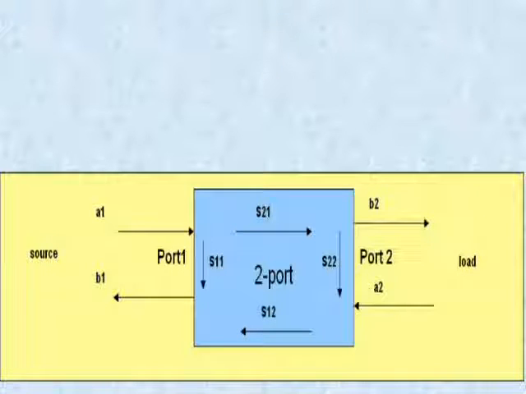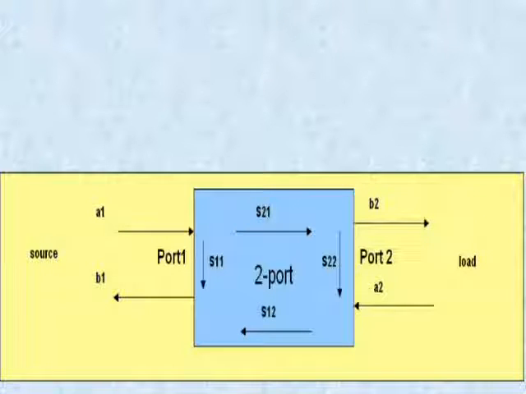So they're effectively proportional to voltage, but we talk about them as the square root of power. So A1 squared is the input power to that port, okay? And B2 squared is the power leaving that port. So that's your input power and your reflected power in that port, something we can see and something we can measure.